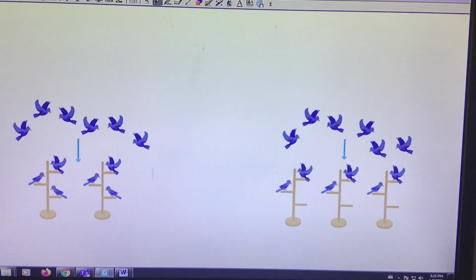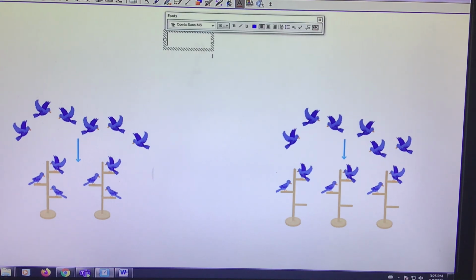Well done. For your task, I would like you to add something onto your journal work from earlier. I would like you to draw what you can see on the screen. And I would like you to add the following to your drawings. I would like you to write an equation for each drawing. I would also like you to write the stem sentence for each drawing.